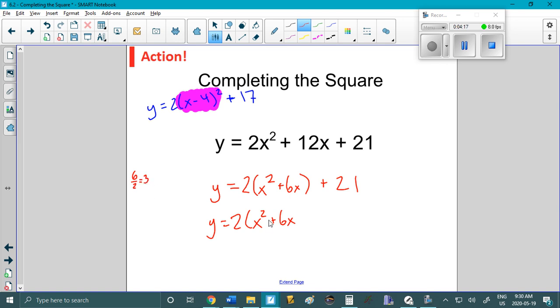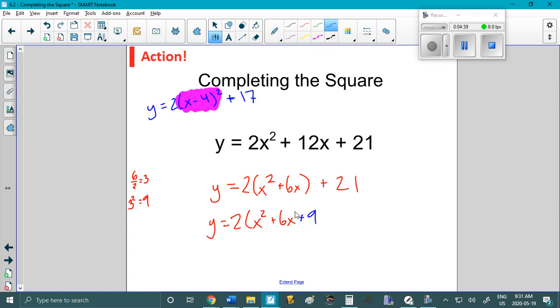And so we know that each x, when it's expanded, is going to be a 3. So this is going to become x plus 3, x plus 3. But what number do I put here to make it so that's going to work? Well, the way that that works is we have to square this number. So check this out. So plus 9.